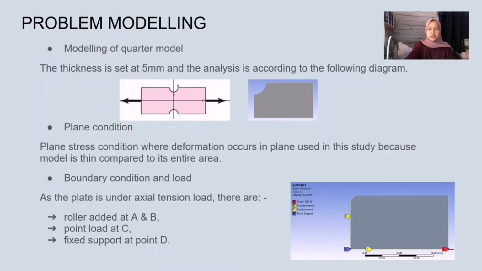For the boundary condition and load for the model, as the plate is under axial tension load, rollers are added at A and B, a point load at C, and a fixed support applied at point D.